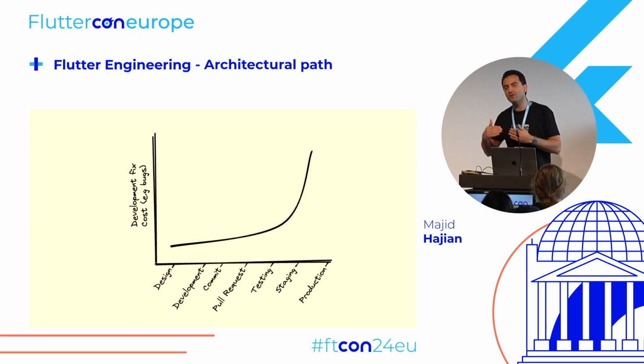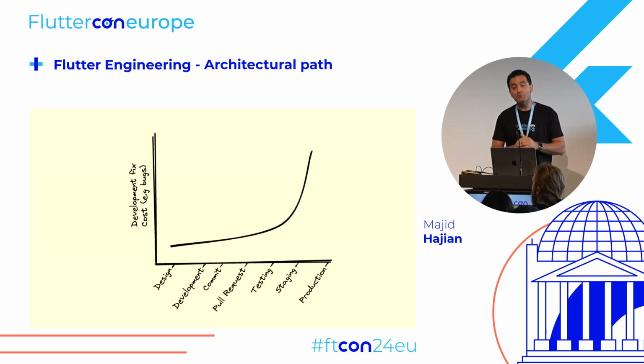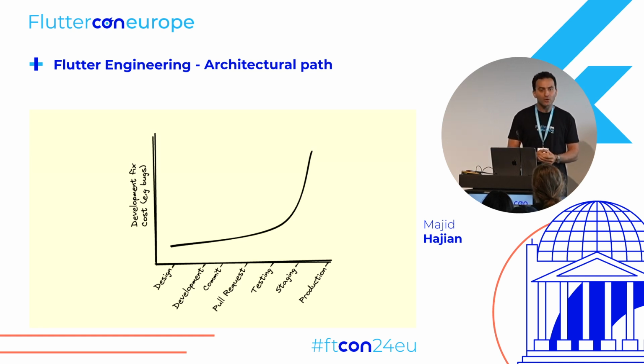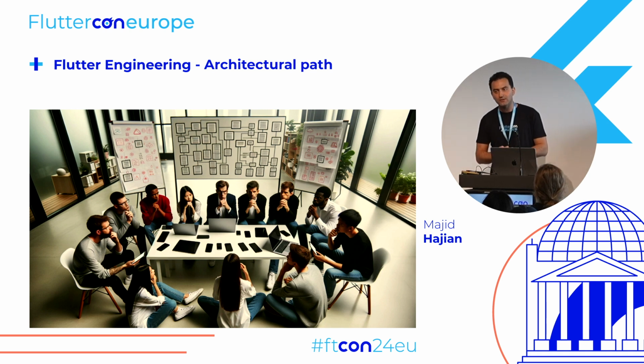When you deploy to production and to the user, it's going to be much harder. I guess that's one of the reasons that the architecture of an app or software becomes an important thing. Even though sometimes it's boring, even though you get the boring answer, it depends, right? It still is important because you want to avoid the cost that comes afterwards.